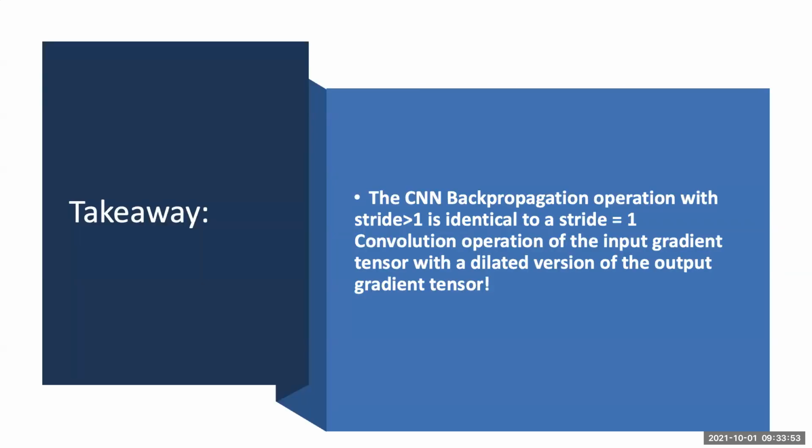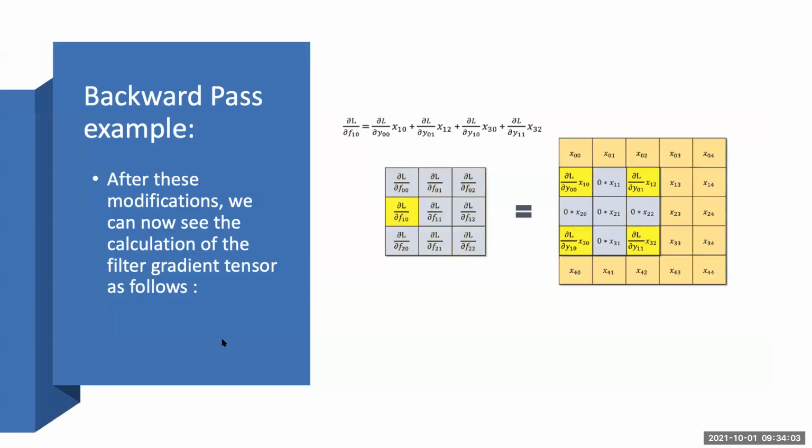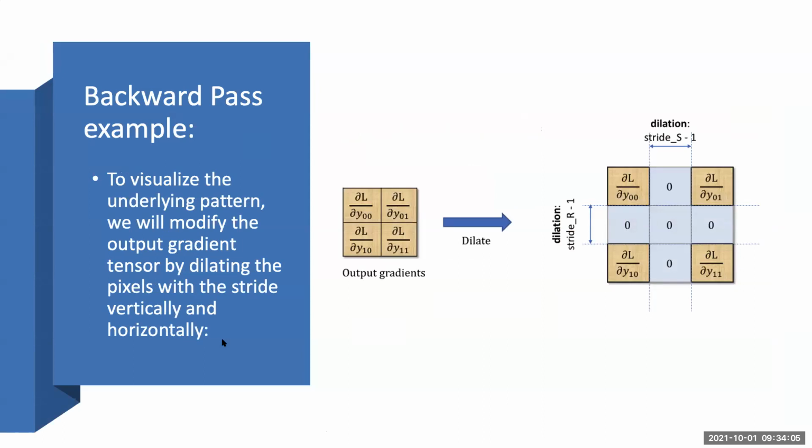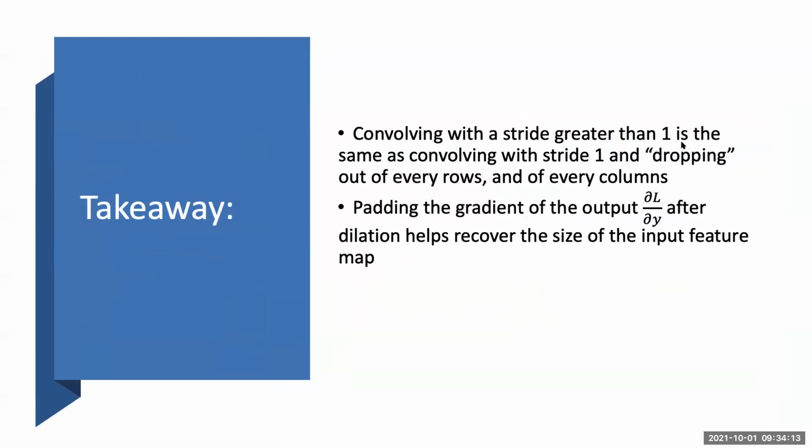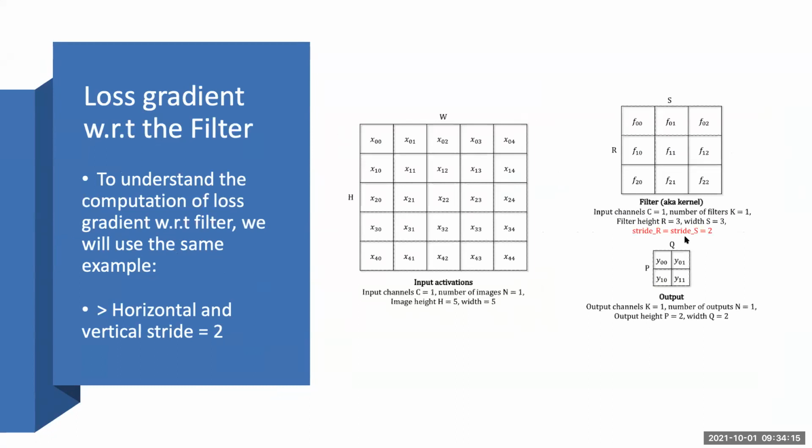Ryan is also asking, how is this a dilation of S minus 1? I thought S was 3. Let's take a look again. So it says S stride minus 1. So let's go look at what S stride is again. S stride is 2.